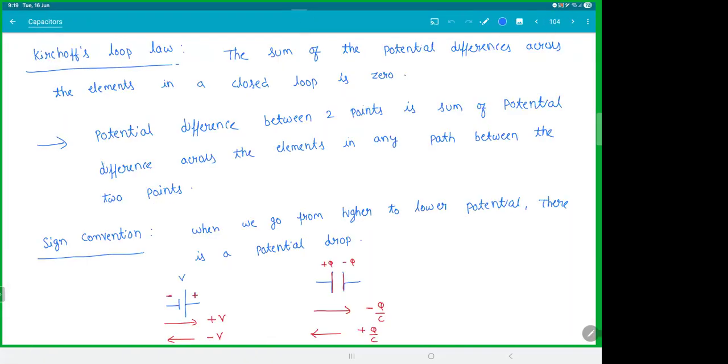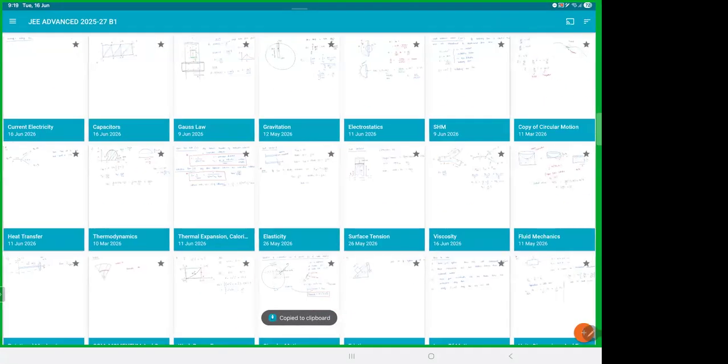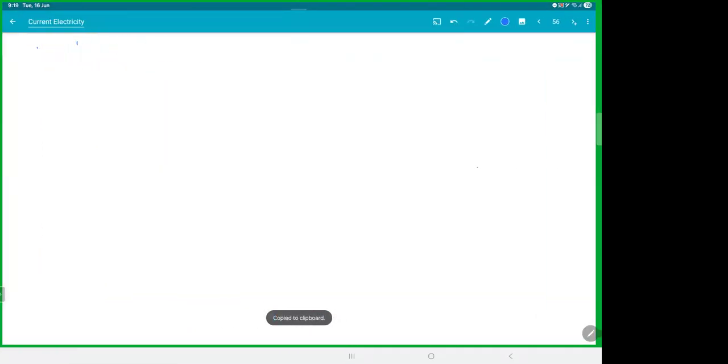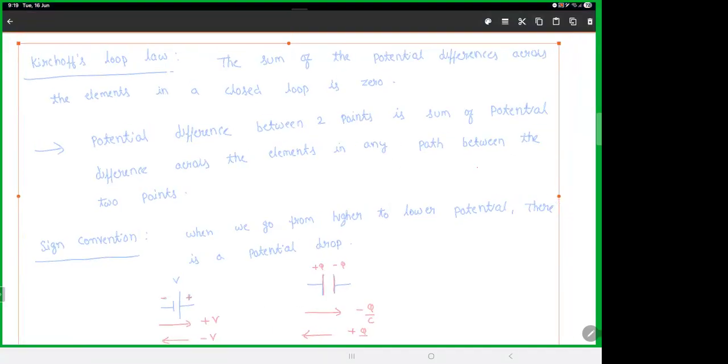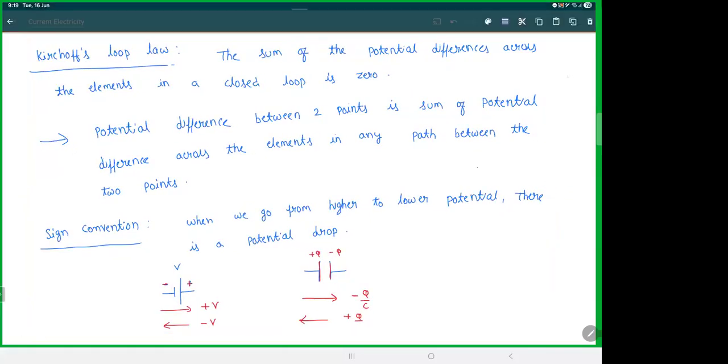It's exactly the same stuff. Nothing changes. That's the best part. You really don't learn anything that new. You are just repeating stuff. The only difference here will be the sign convention.